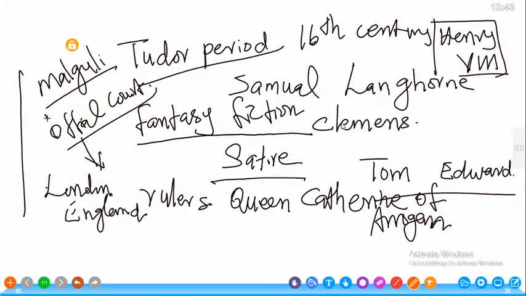Edward Tudor was born on 12th October 1537, and that's the point where the story starts. He became King of England, Edward VI, at the age of 9, with a regent guiding him.